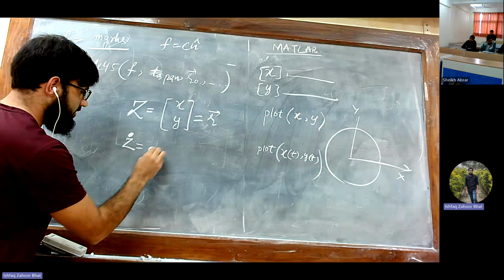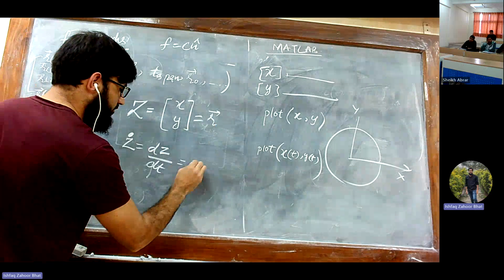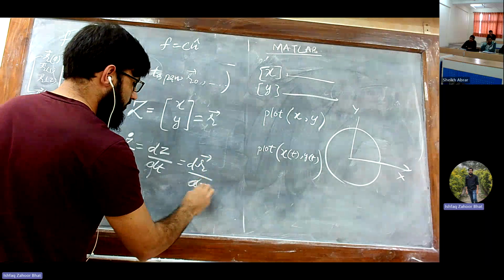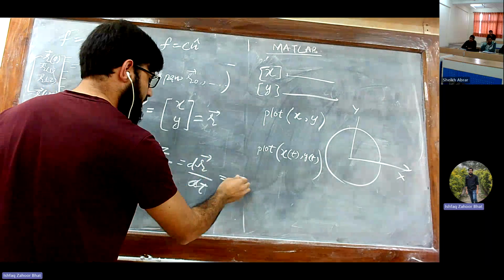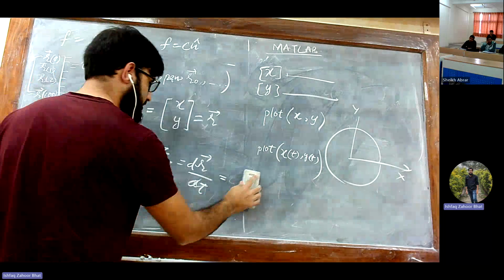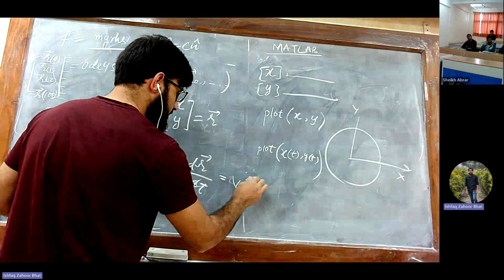That will be dz upon dt, and that is nothing but dr upon dt. Okay, and we have already calculated that it is c times n, our velocity. That is velocity.